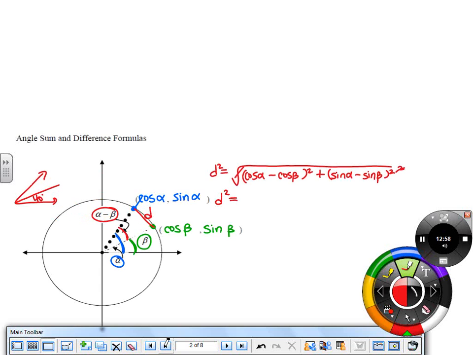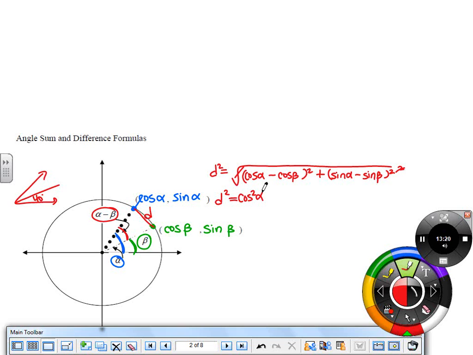So now going back to this stuff, if I have cosine alpha minus cosine beta squared, I'm going to get cosine squared of alpha. That's that first term, right? What's my middle term going to be? When it was x and 5 times x made 5x, and I doubled it.